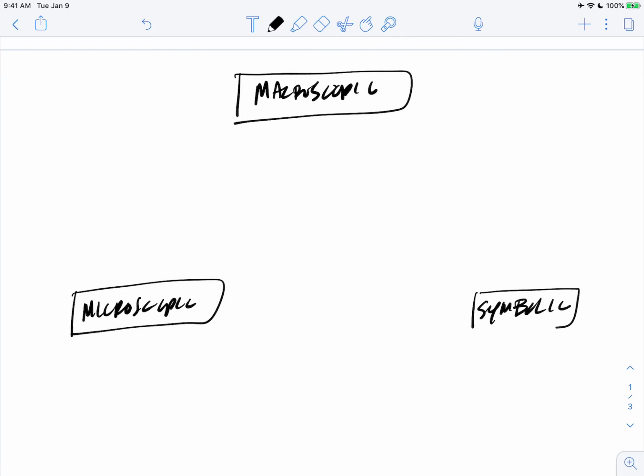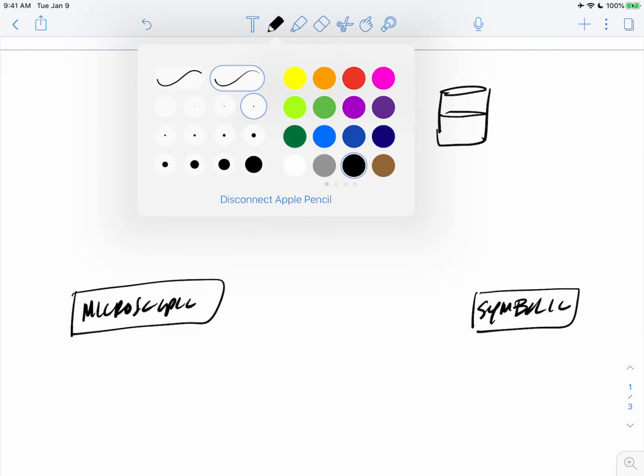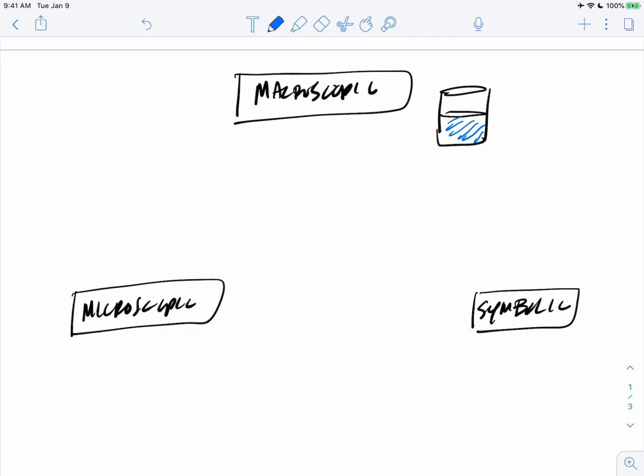We'll do this in the same way. We'll start off with the macroscopic, and we'll say, okay, we have salt. We'll put this in water. We have a salt, let's say just a chunk of solid, so NaCl, solid. Again, I'm using symbols here, but this is okay.